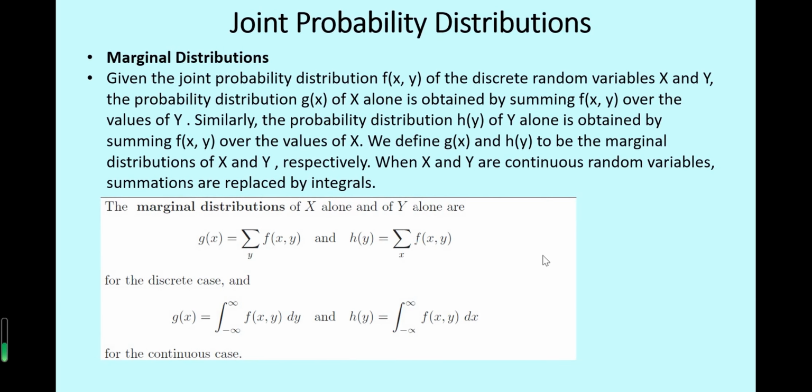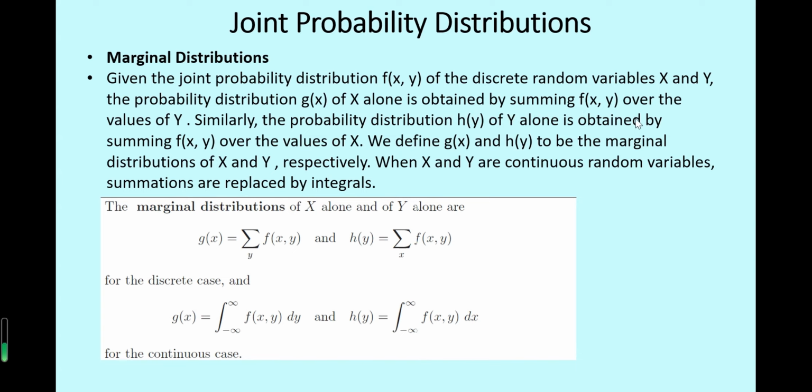So, the marginal distributions. Given the joint probability distribution f(x,y) of the discrete random variables X and Y, the probability distribution g(x) of X alone can be obtained by summing f(x,y) over the values of y.